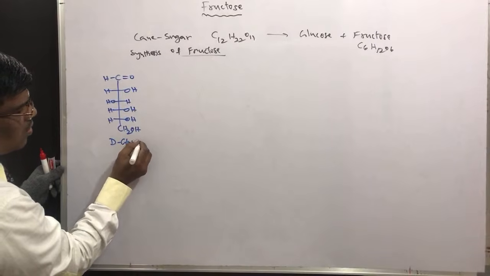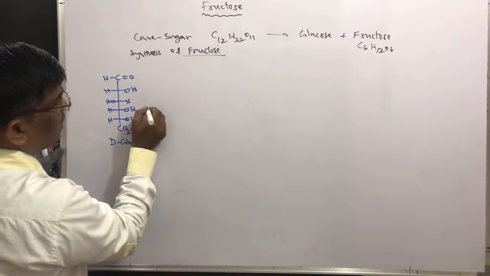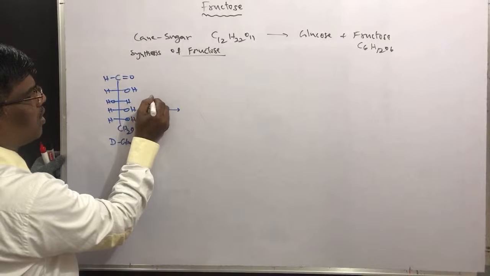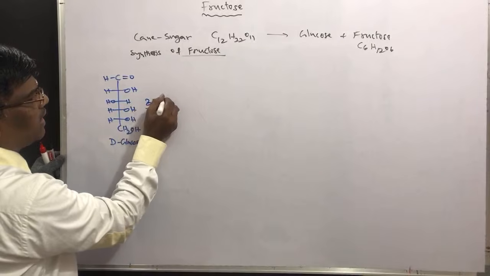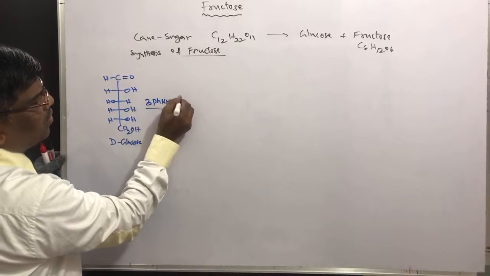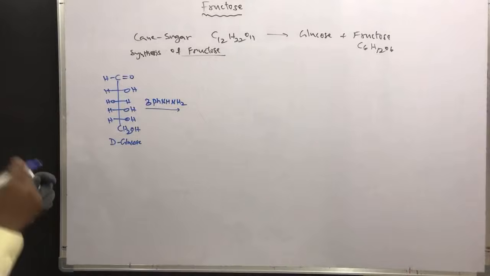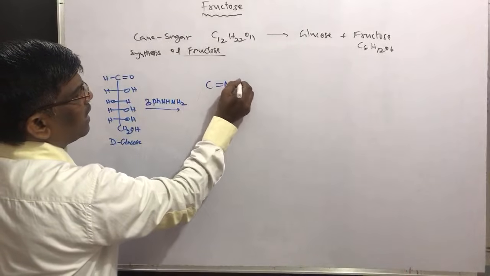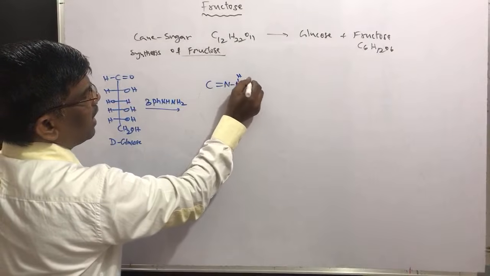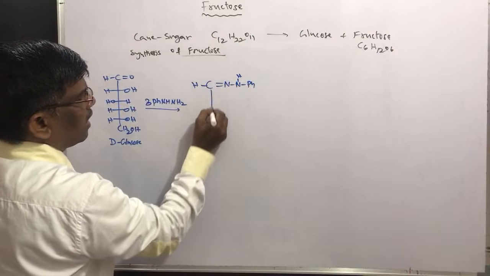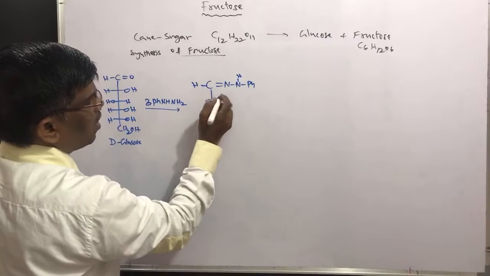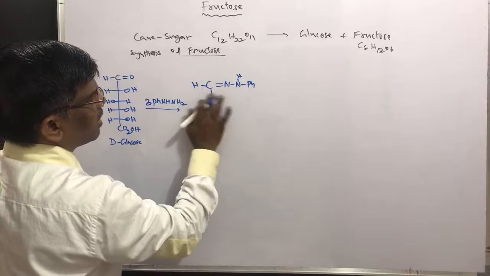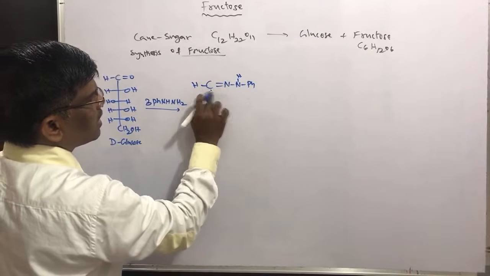D-glucose, when I treat it with phenylhydrazine, 3 moles of phenylhydrazine, it is going to form glucosazone, with NH-phenyl and a double bond.